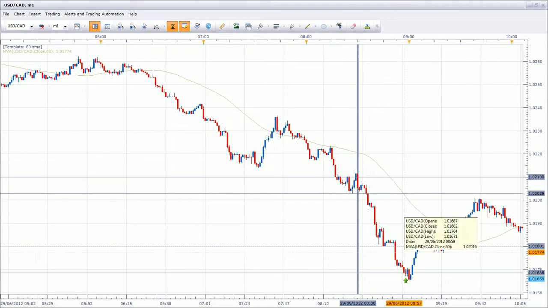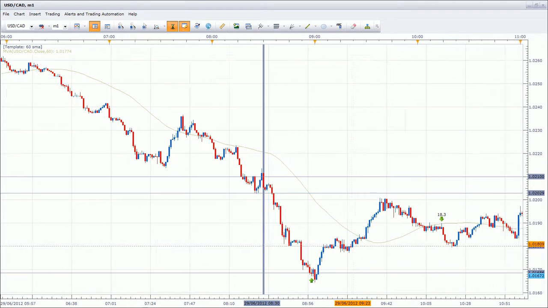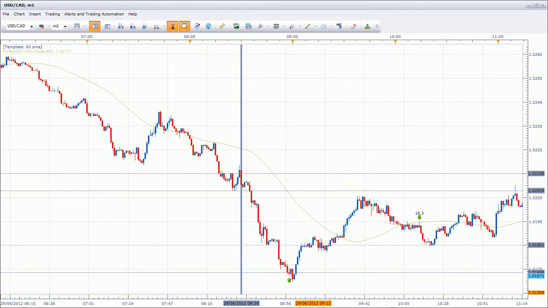And as you can see, I closed it for an 18 pip profit. Had I not done that, had I moved my stop to break even out here, let's see what the trade would have been. It would have exited right here at my 35 pip target.